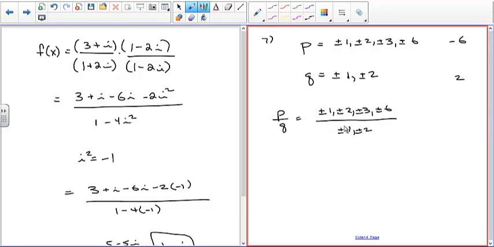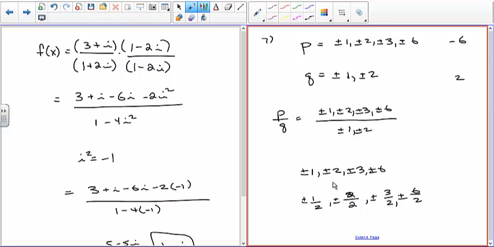So what we have are basically plus or minus 1, plus or minus 2, plus or minus 3, and plus or minus 6. That's dividing by plus or minus 1. And then you have plus or minus 1 over 2, plus or minus 2 over 2, plus or minus 3 over 2, and plus or minus 6 over 2.